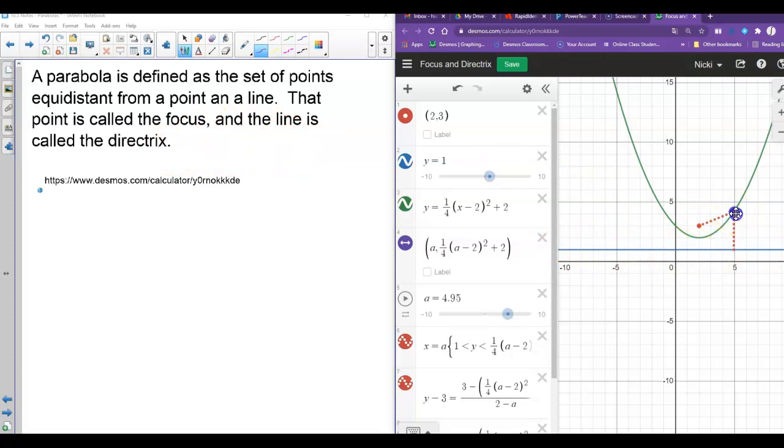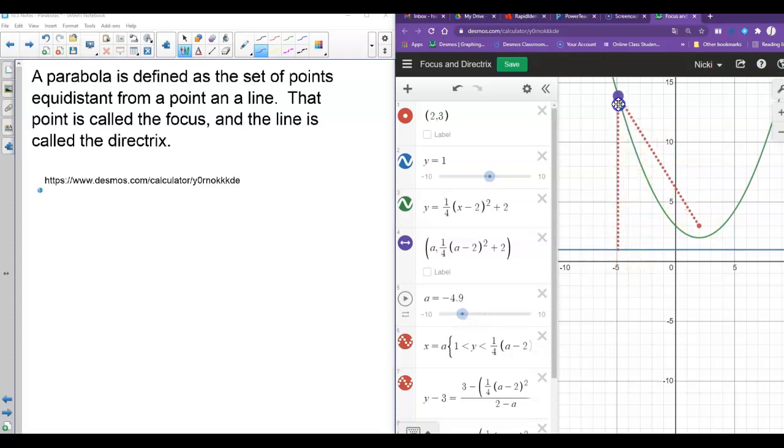You can see, as I look at the points on this parabola, these red dotted lines are always the same length. So the distance from the point to here and then the line to here are the same. Notice that's a perpendicular distance.